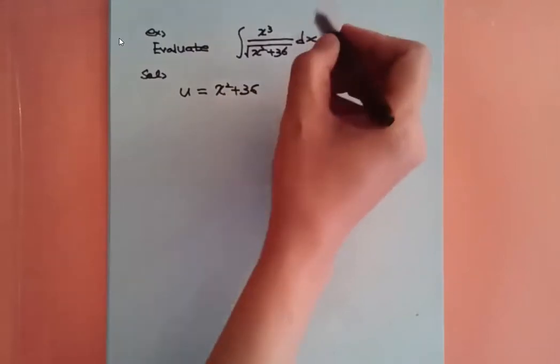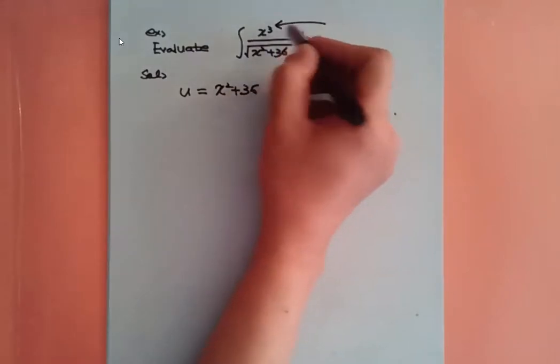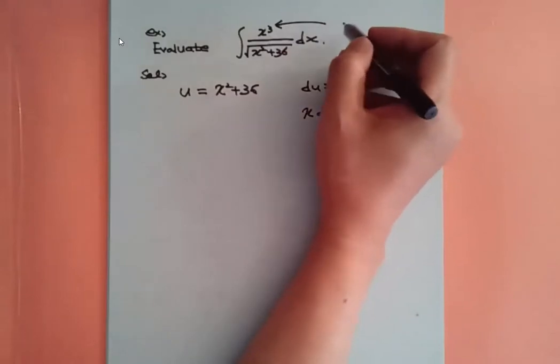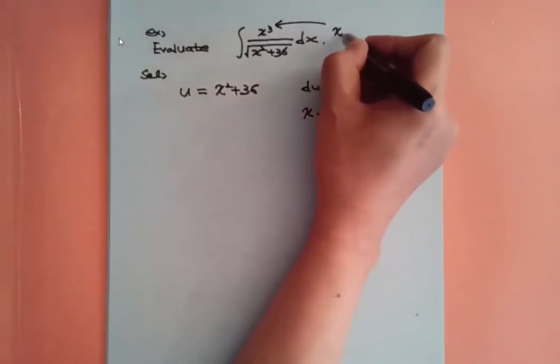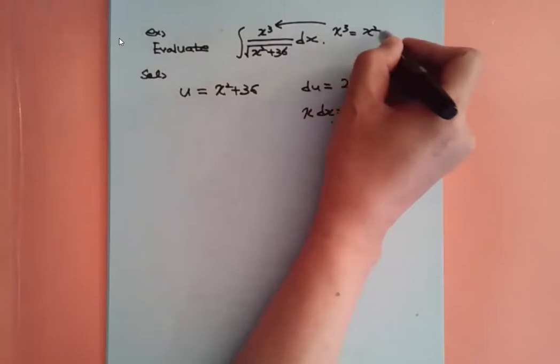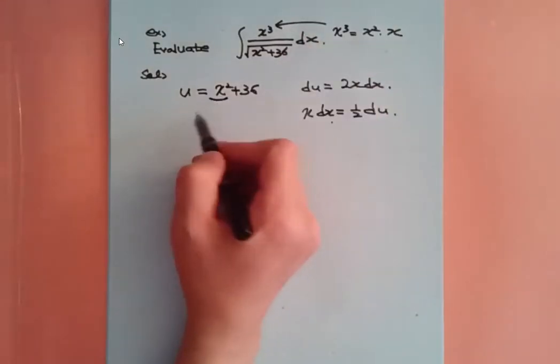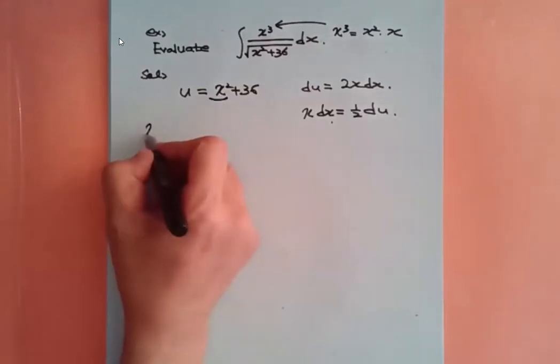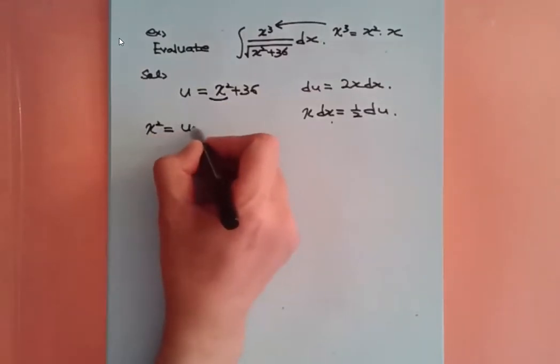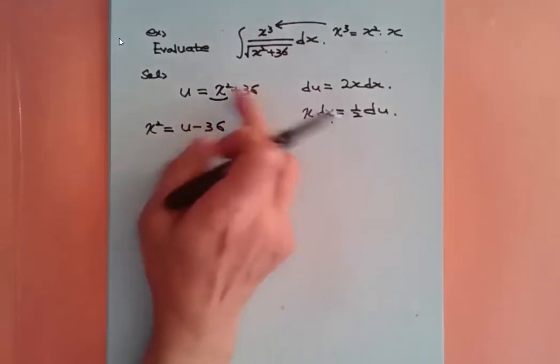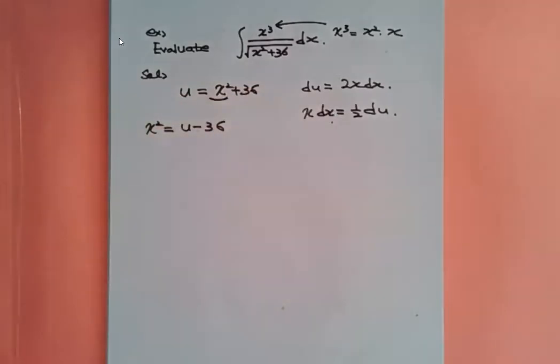However, as we did in the previous example, x cubed can be written as x squared times x, and the x squared can be written as u minus 36. I just subtracted 36 on both sides.